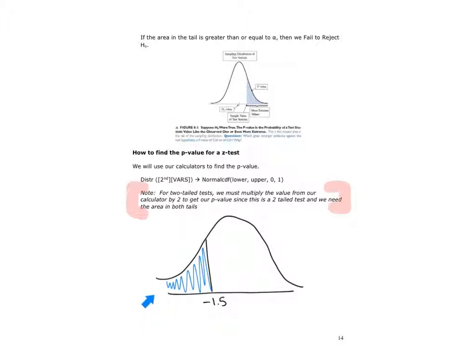Now, technically that's negative infinity, but we can't really type that in. So we can go very extreme, let's say negative 999. The upper bound is the negative 1.5. The mean of our standard normal is 0 and the standard deviation is 1.